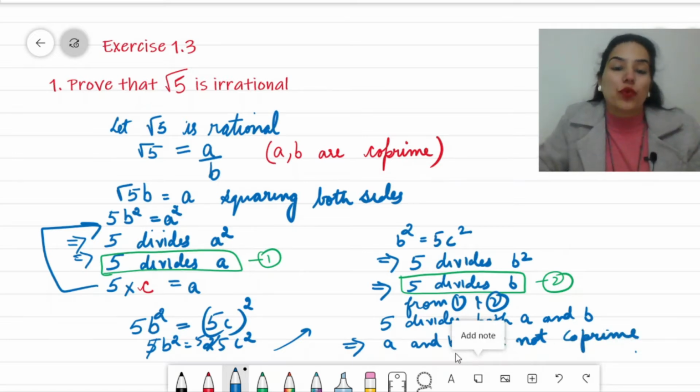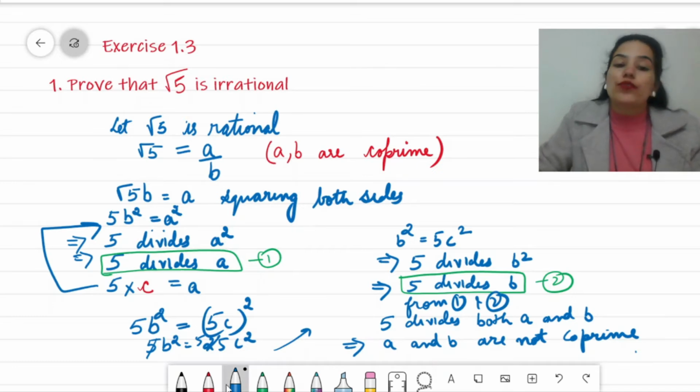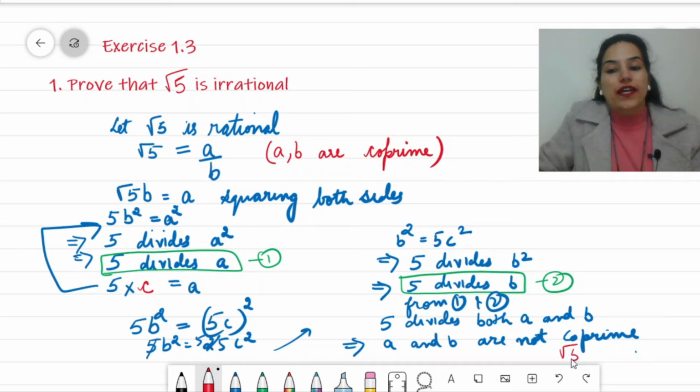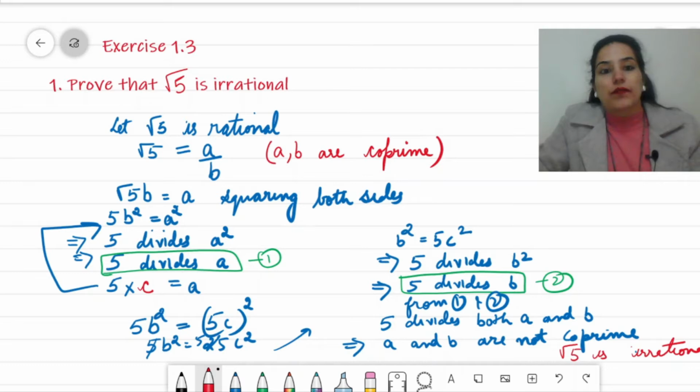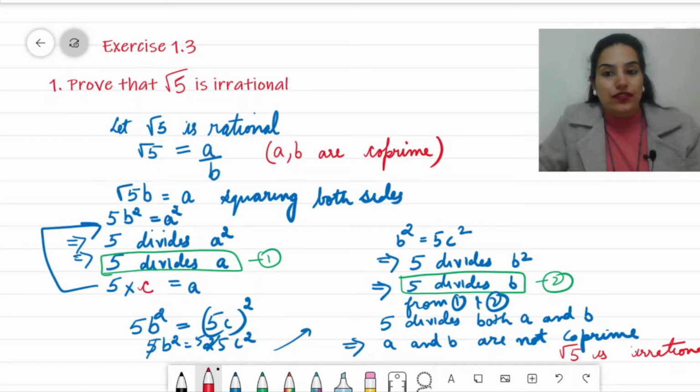Therefore, our assumption was wrong and root 5 cannot be rational. Hence, root 5 is irrational. This is the same method you will apply for root 3, root 5, root 7, but not for root 9. Root 9 is not irrational because root 9 is equal to 3 and 3 is very much rational.